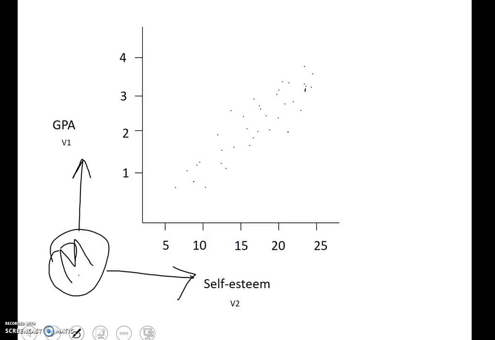With the third variable problem, as we're talking about right now, there could be lots of potential third variables that are causing this correlation. And we don't know what those are, but we can at least keep an open mind to the possibility that there's some other variable causing this relationship.